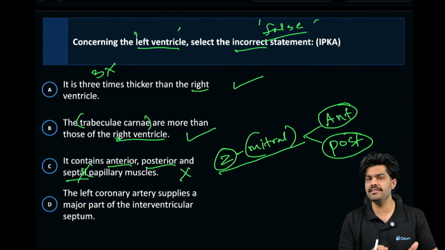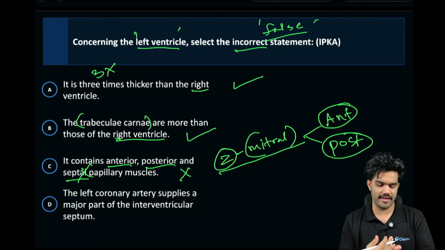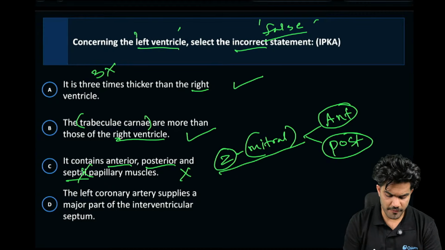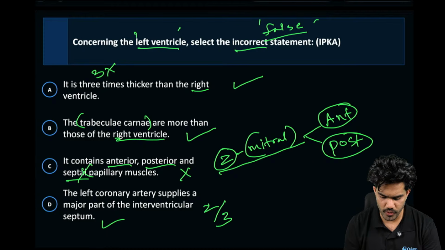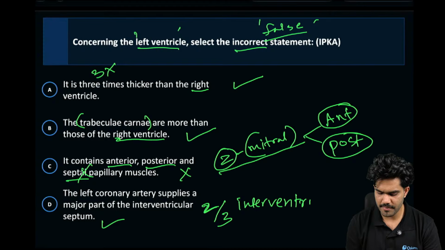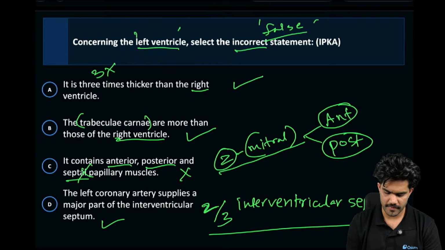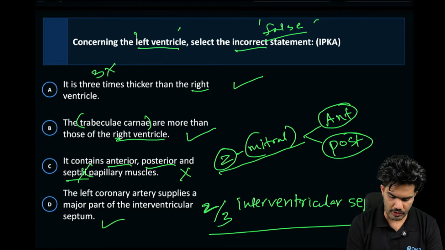Right side, means tricuspid valve. Yes, you are right. The left coronary artery supplies a major part of interventricular artery. Yes, this is also right. How much? 2/3 of the interventricular septum. Okay. So the incorrect statement will be C.